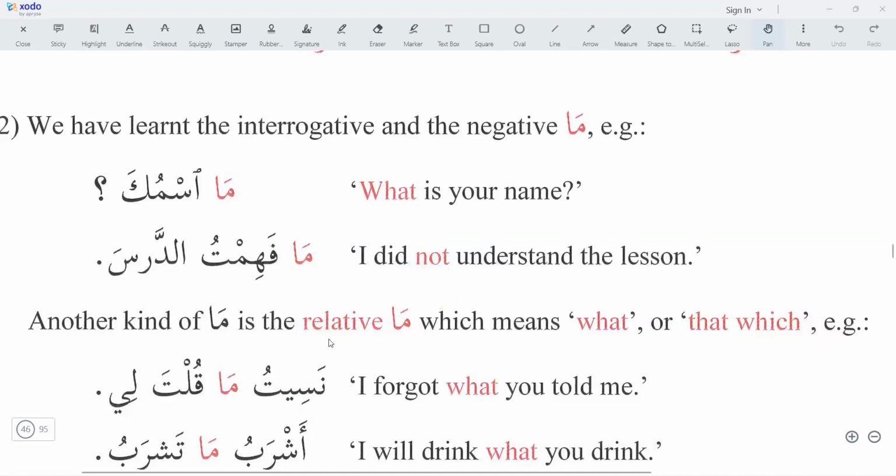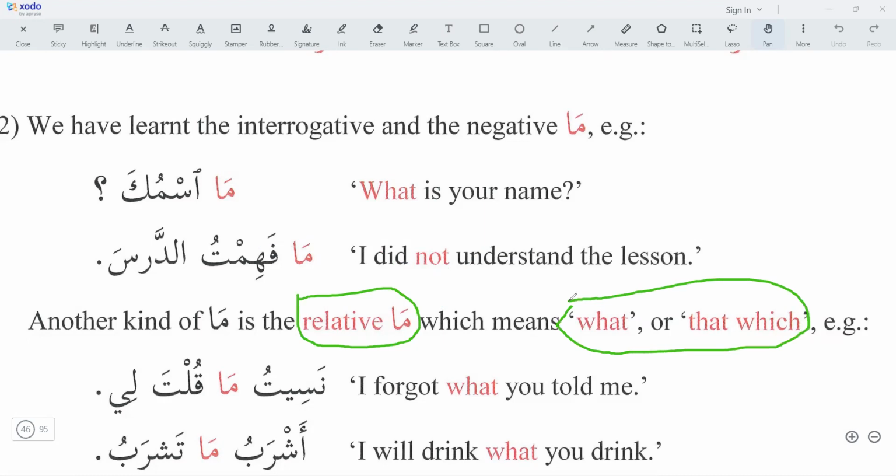Another kind of ma is relative ma. Just now we have learned, it means what or that which. Nasitu ma qulta li. I forgot what you told me. Nasitu, I forgot.